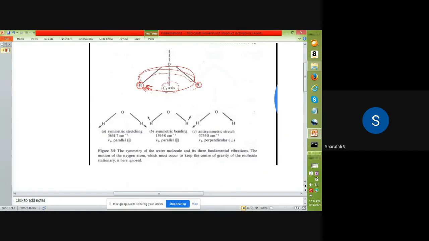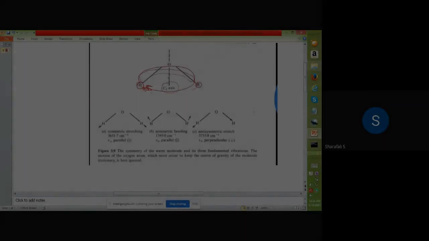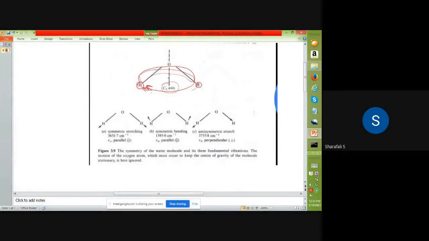When you move it by 180 degrees, and again by 180 degrees, it will have the same initial structure or initial position. About that C2 axis, we again have the same hydrogens with the same distance and same angle. So with respect to that axis, these two hydrogens are symmetric to each other. That's why it is called a C2 axis.